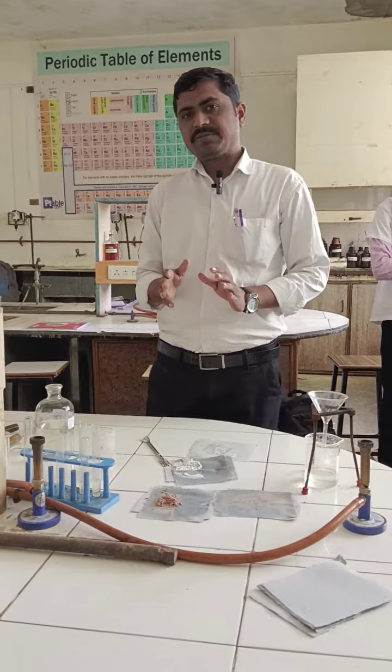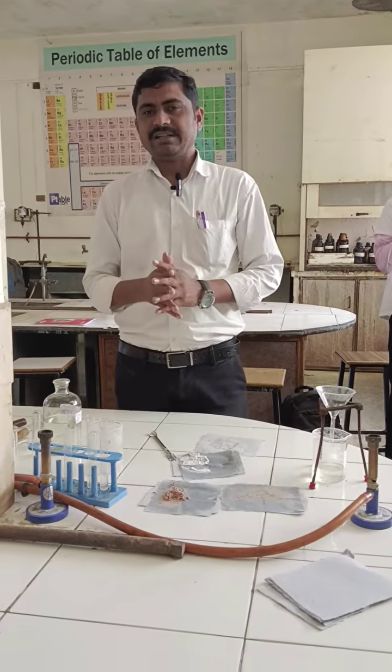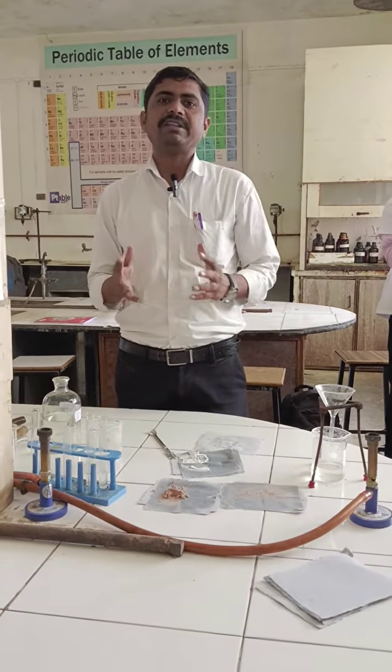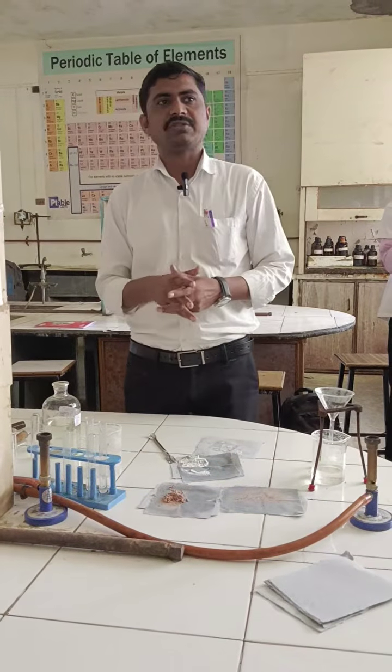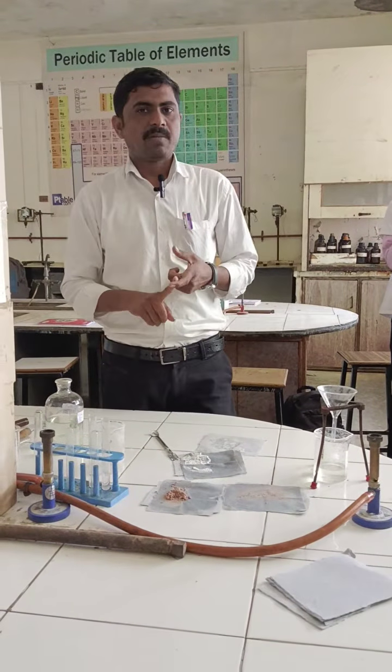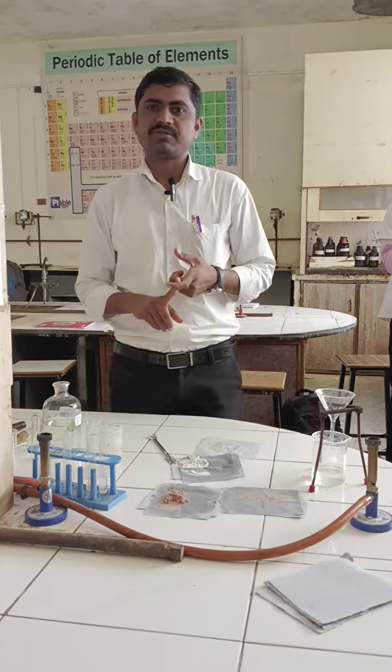The aim of today's practical session is to learn how to separate a binary mixture. First we took two compounds and tested solubility in water. Both compounds are not soluble in water.